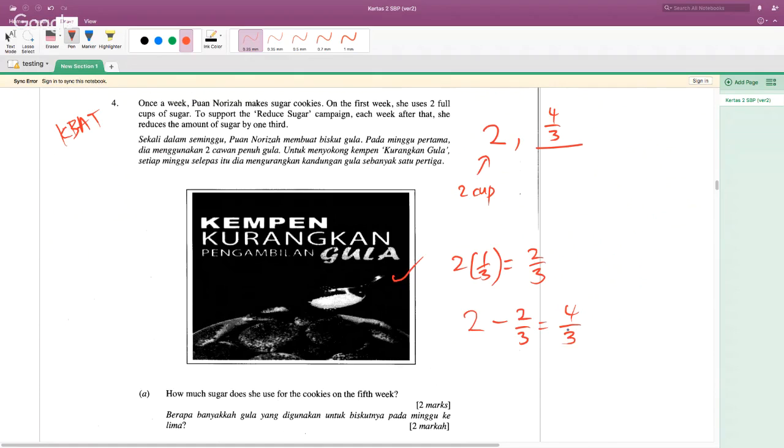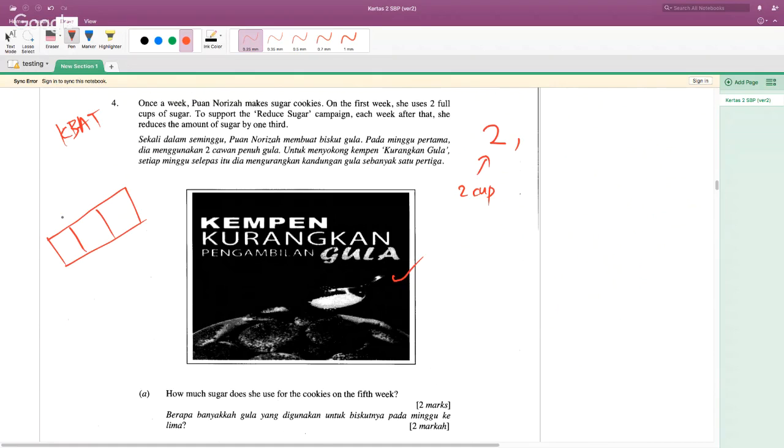And then she reduces 1/3 from here as well. So you continue to reduce 1/3 and use the total number to minus 1/3. It will be very complicated if you do it like this. So I want you to think like this. If this is 1 piece and I cut it into 3, this one is 1/3 cup, that is 1/3 of 2 cups.